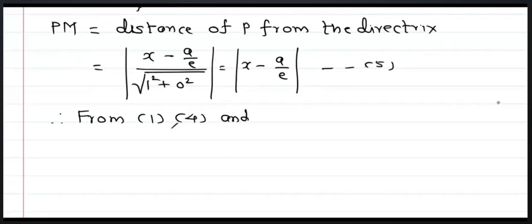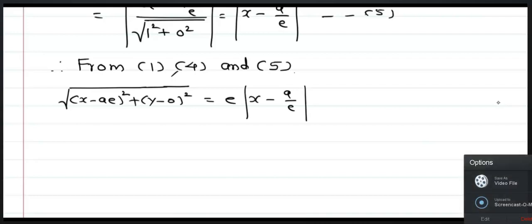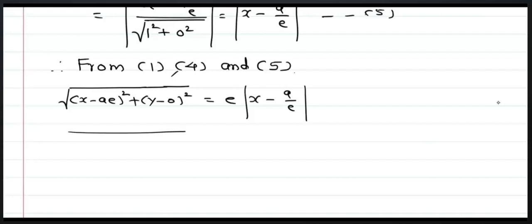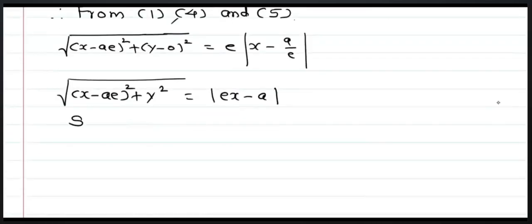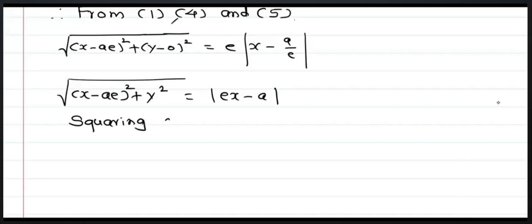This is 1, and therefore from 1, 4, 5, SP is equal to e times PM. Now simplify this, squaring on both sides. After multiplication, e is multiplied with x minus a upon e, then you will get ex minus a, squaring on both sides.